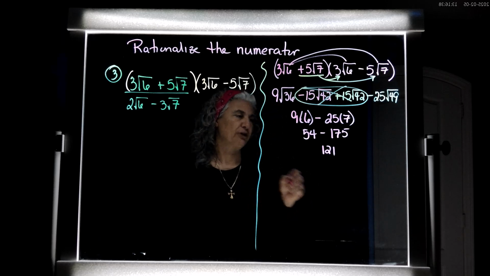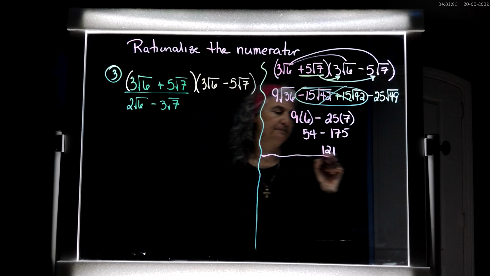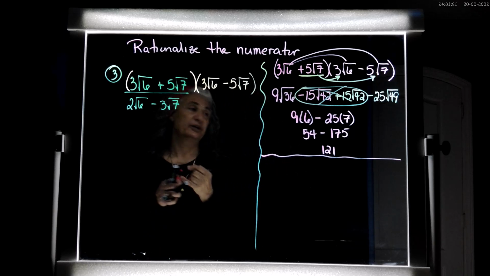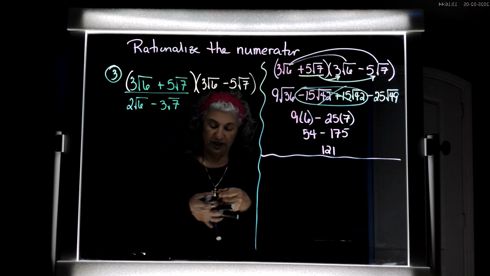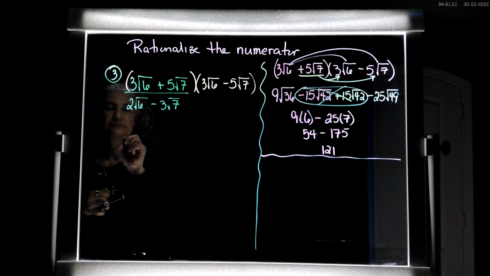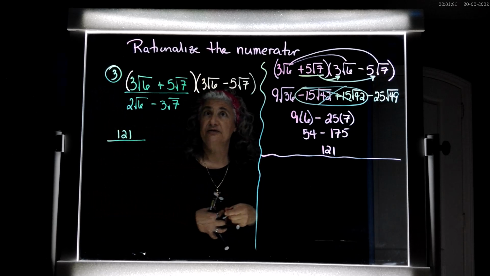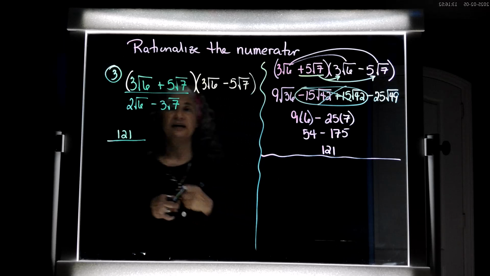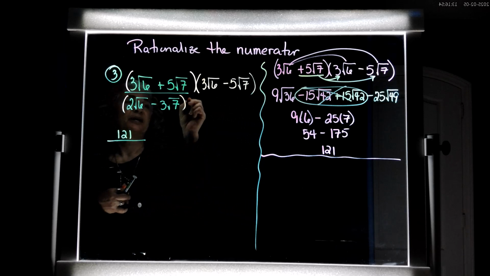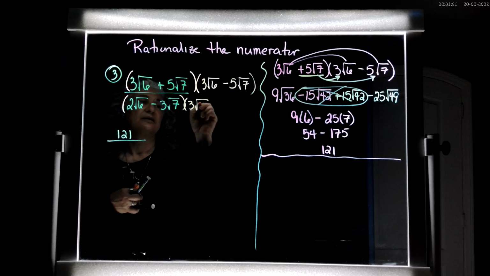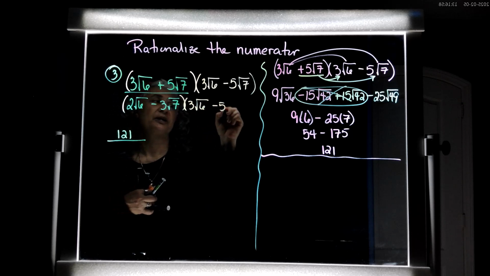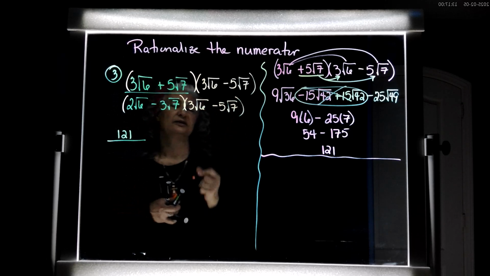Right? Right. Okay. So the numerator is 121. Got it. The denominator. Yep. Multiply by the same conjugate that you multiplied the numerator by.